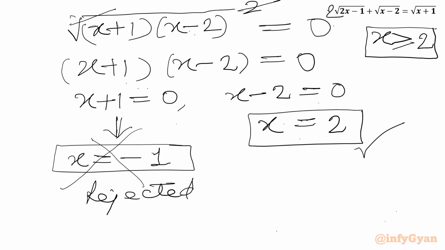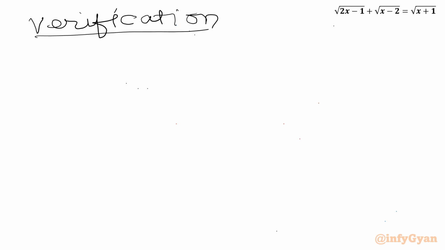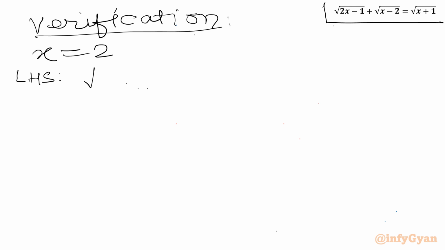Let us check whether it is satisfying our equation or not. So I will write here verification. x equal to 2. LHS. The equation is here. So I will write square root 2 times 2 minus 1 plus square root 2 minus 2.